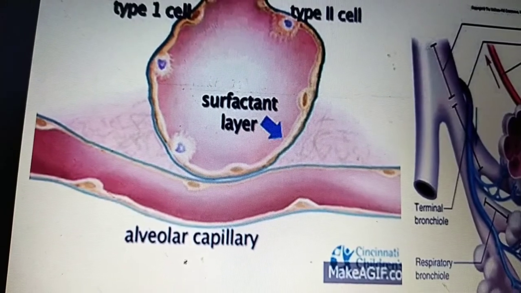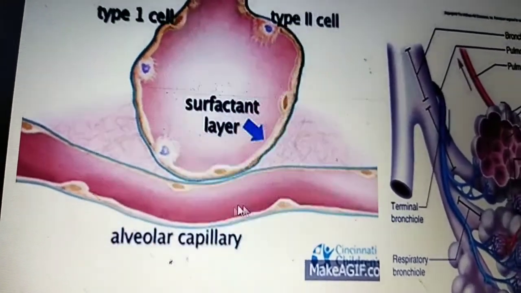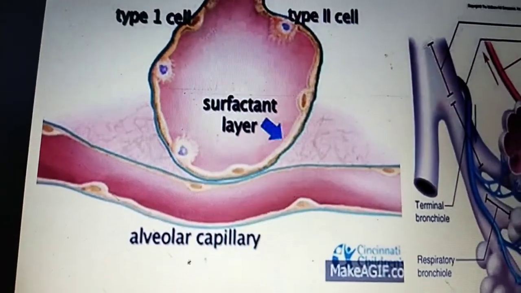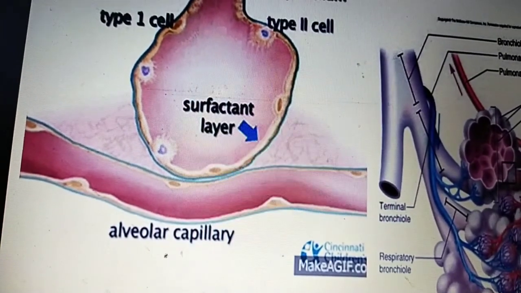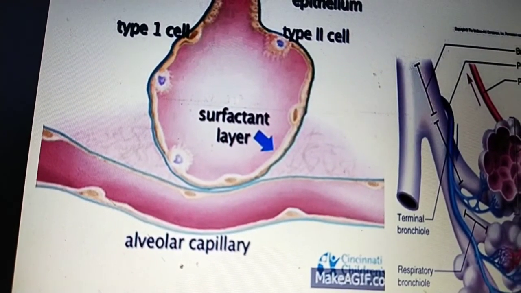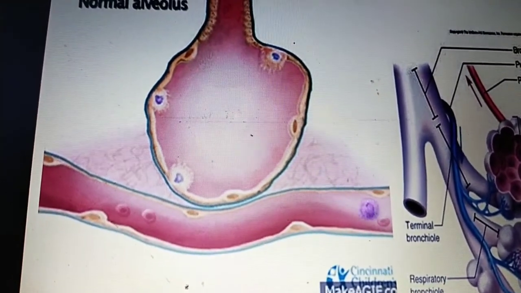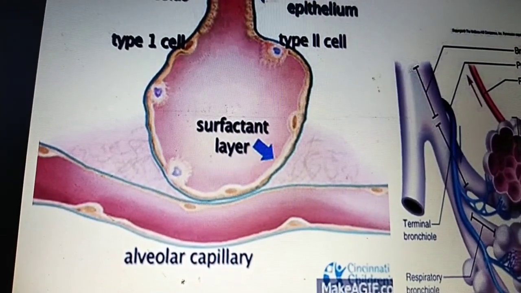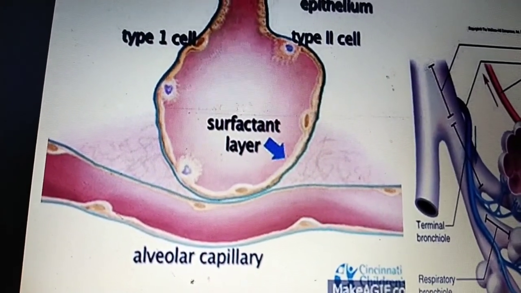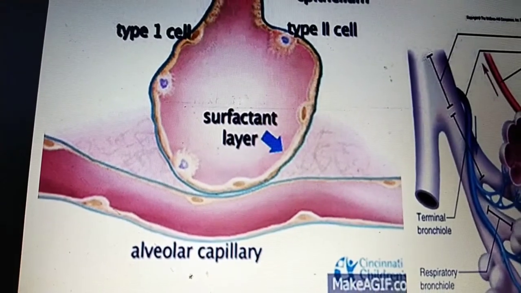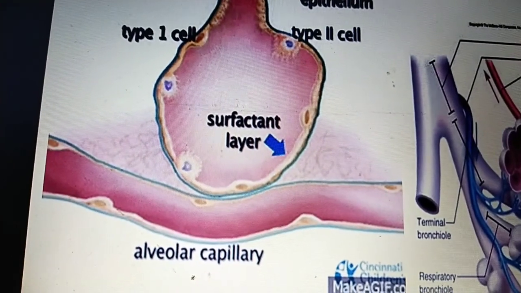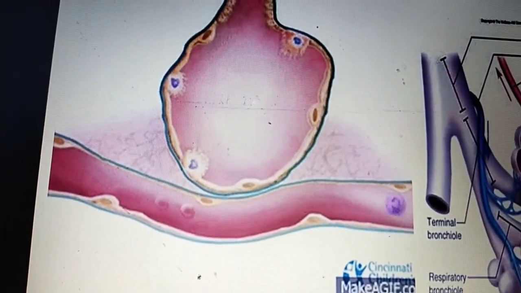This surfactant layer is secreted by the type 2 cells. Surfactants are substances that lower the surface tension between liquids, or between liquid and gas, or between gas and solids. They lower the surface tension between two fluids or two substances.